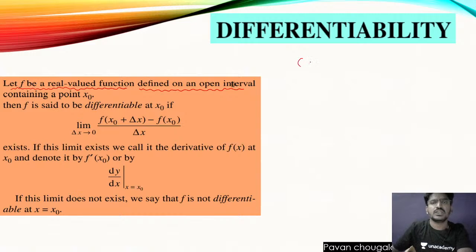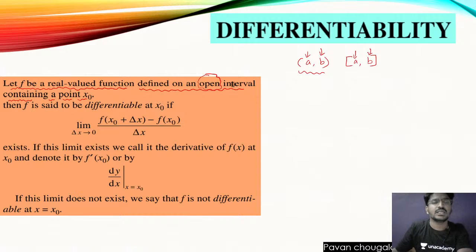Next, defined on an open interval. Already you have seen these types of intervals from your first year syllabus. Open interval means the endpoints a and b are not included. Closed interval means a and b are included. So here the function is defined on an open interval, please be careful about this, containing a point x naught.